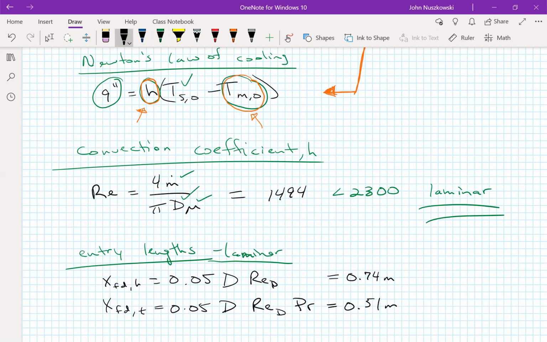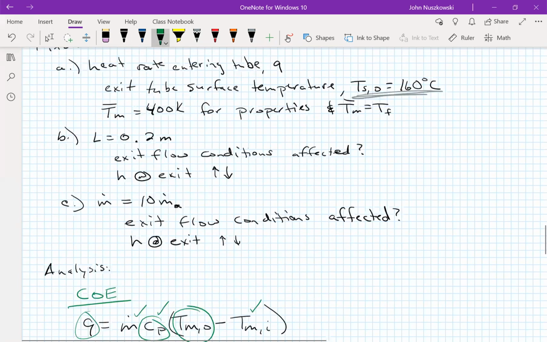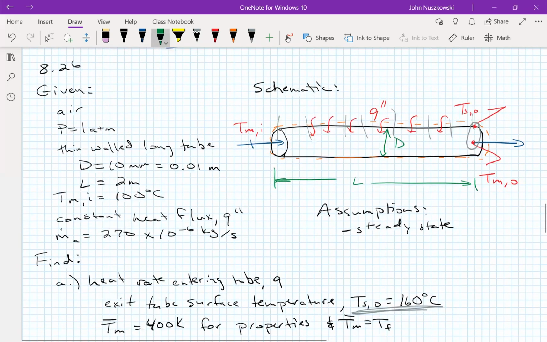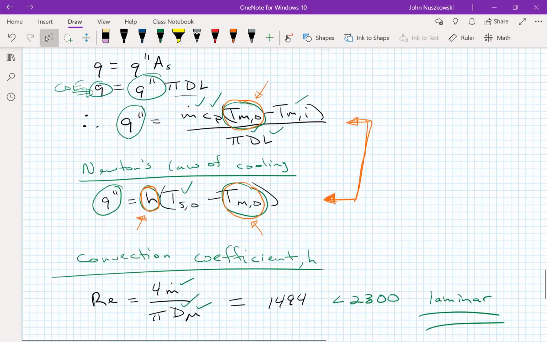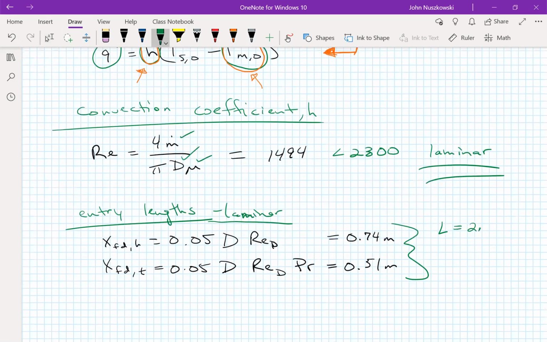And our length is 2 meters in this problem. So what can we say here? Fully developed. Yeah, so we're fully developed.